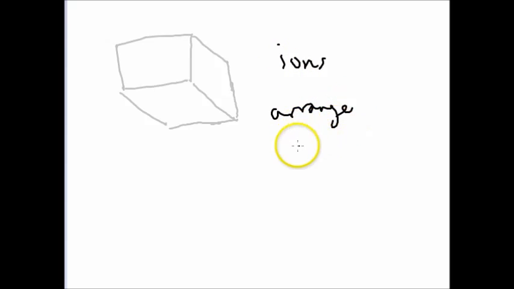Here's a cube. Ions all form crystalline solids because they arrange themselves in a repeating pattern. That's the key.